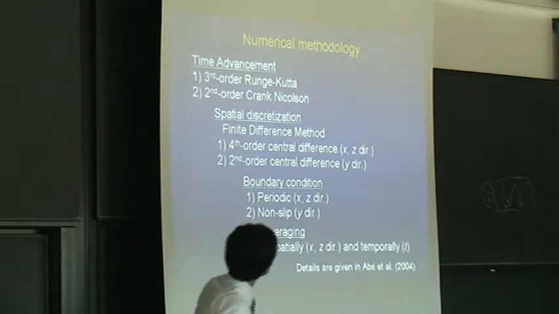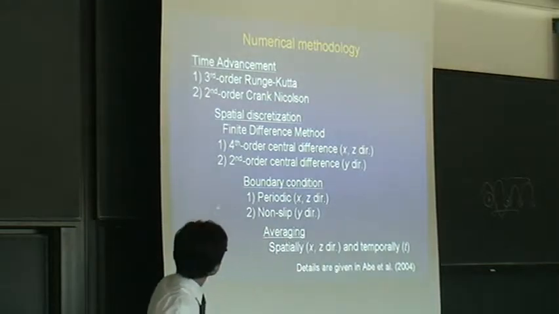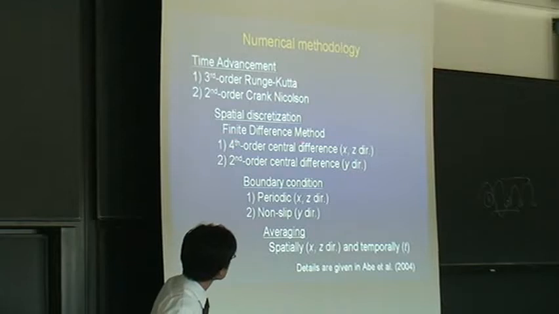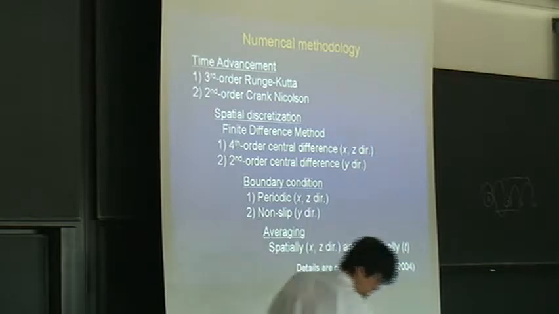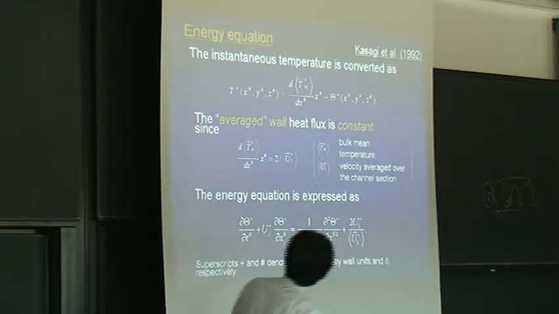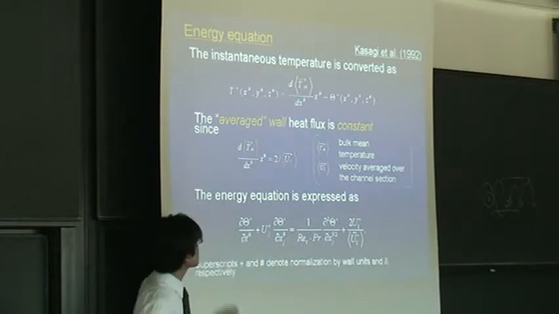And this is the numerical methodology. In the present study, we use the finite difference method in the streamwise direction, and in the other direction, a second order central difference is used. Another equation is as follows.